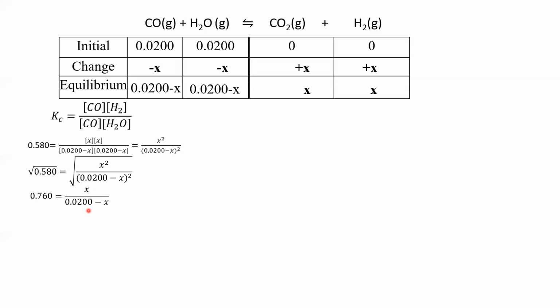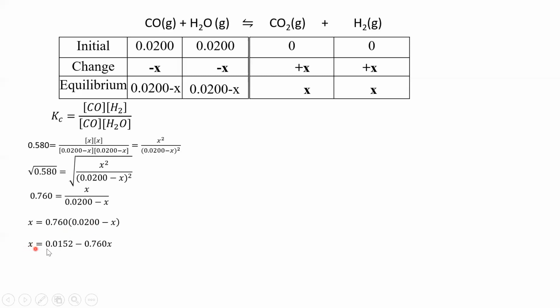We want to solve for X. So we're going to get 0.0200 minus X out of the denominator. We're going to multiply both sides by 0.0200 minus X. That gives us X equals 0.760 times 0.0200 minus X. The next thing we want to do is get rid of the parentheses, so we're going to distribute that 0.760.